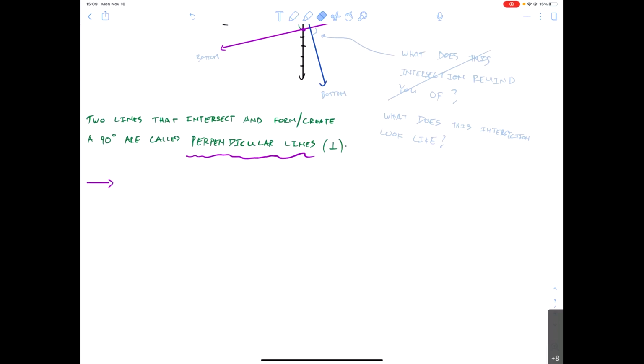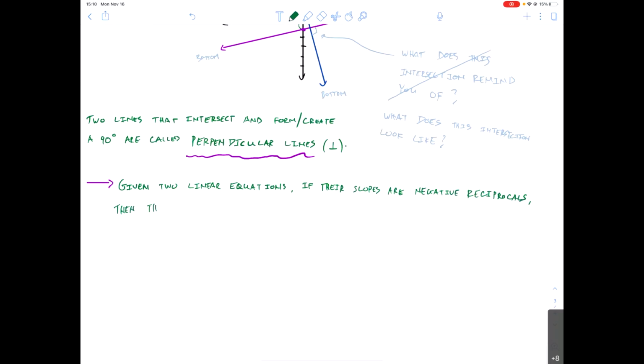Given two linear equations, if their slopes are negative reciprocals, then the lines are perpendicular.